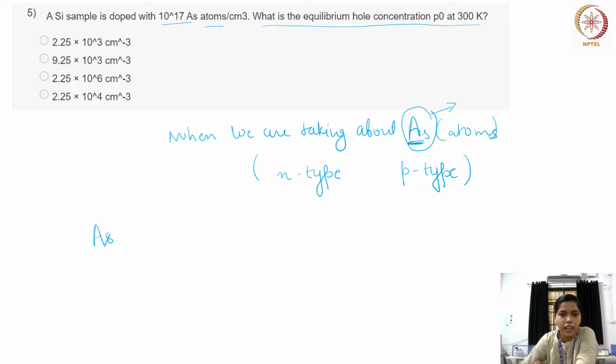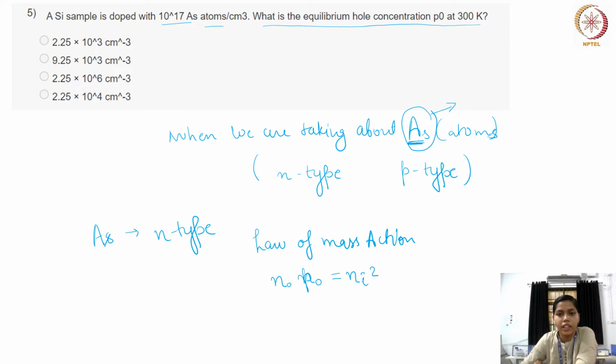So basically, arsenic is an atom that will convert your intrinsic semiconductor into N-type. And we know the law of mass action, that gives the concentration of electrons multiplied by the concentration of holes is equal to the square of your intrinsic charge carrier concentration, where N0 is the electron concentration, P0 is your hole concentration, correct?